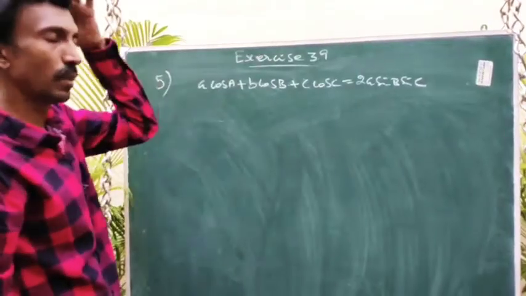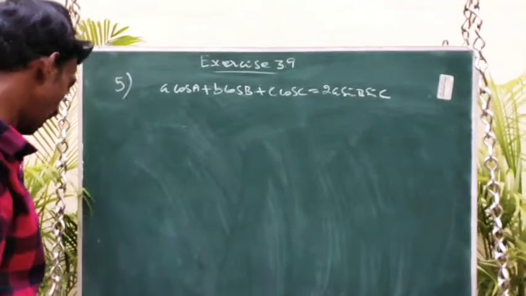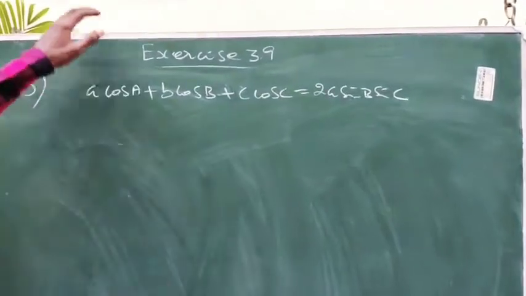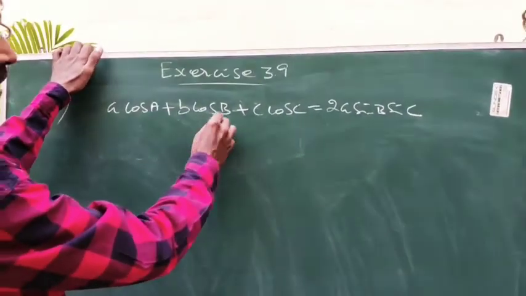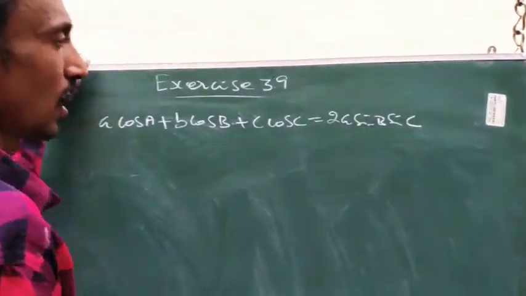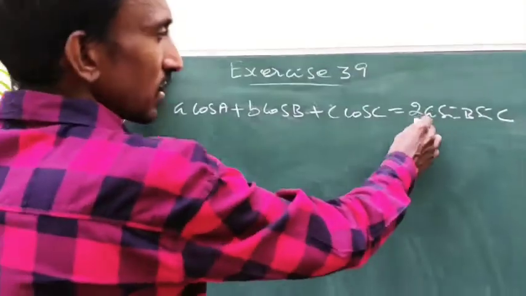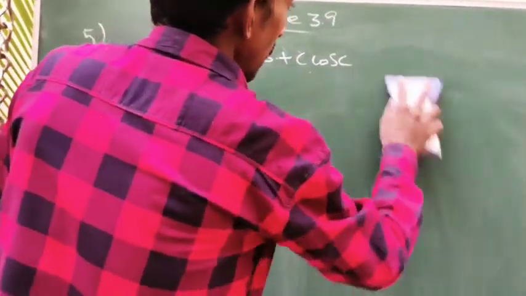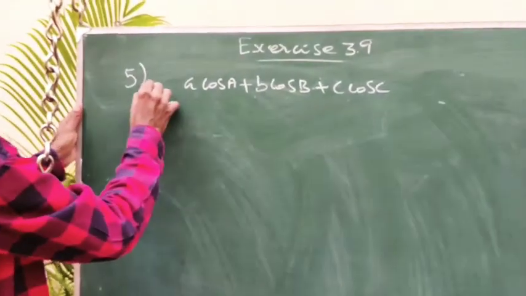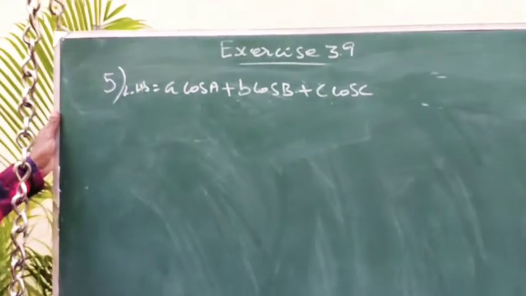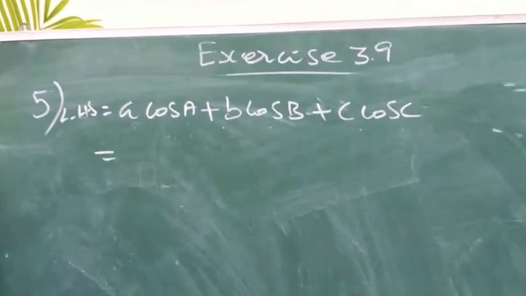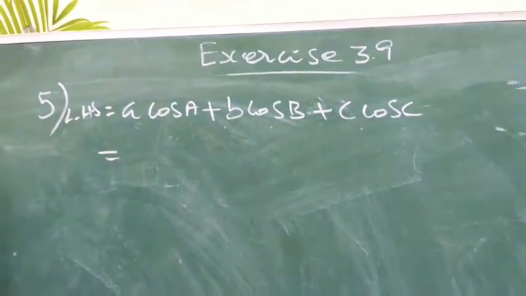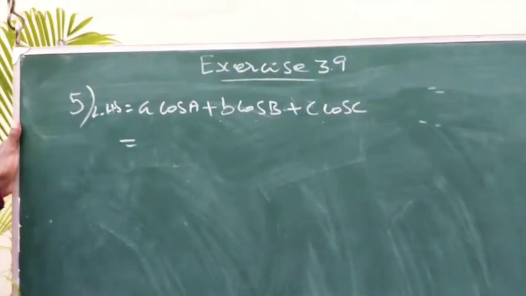Number 5 in exercise 3.9: in a triangle ABC, prove that a cos a plus b cos b plus c cos c equals 2a sin b sin c. Obviously take the LHS, and we are going to prove it equals the RHS. First we use the sine formula.